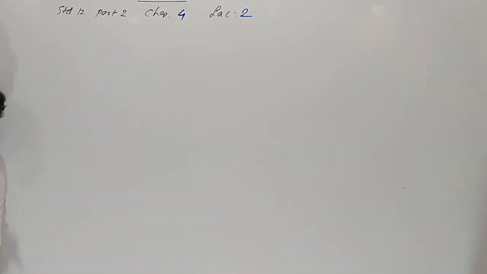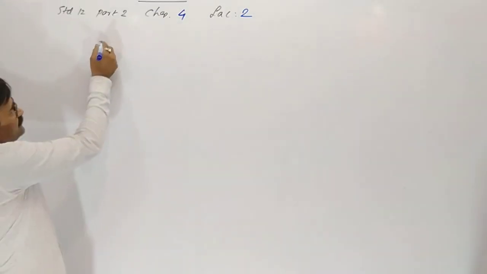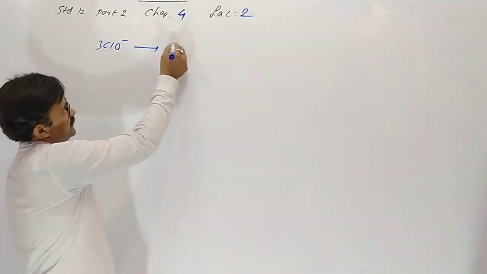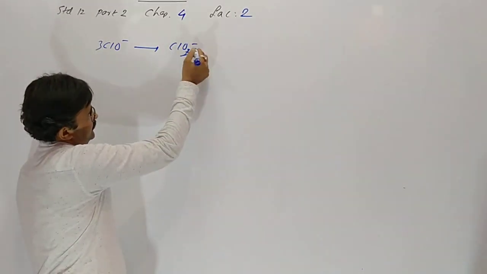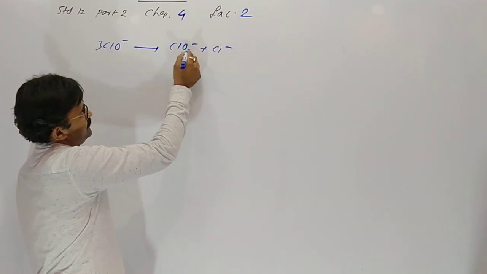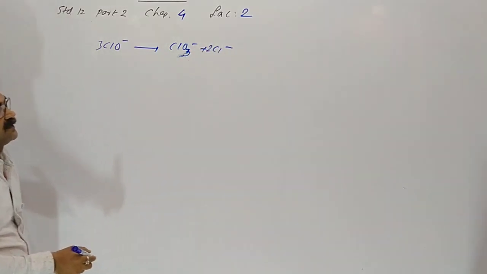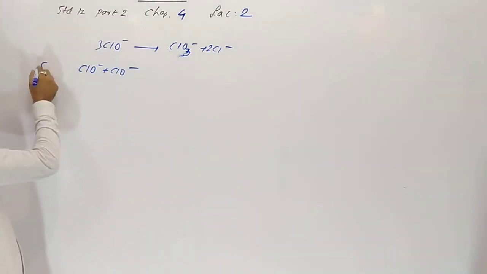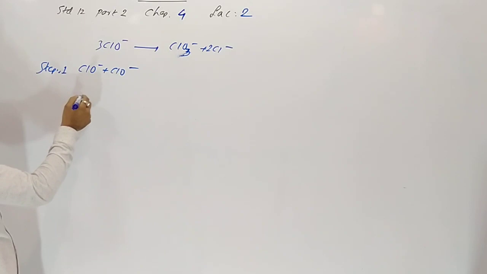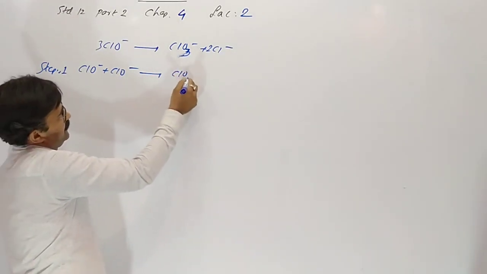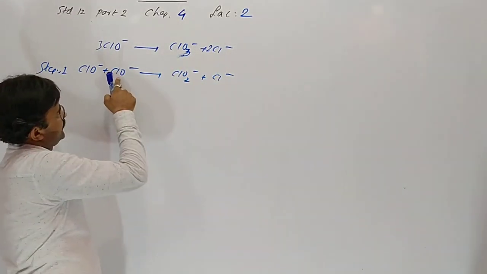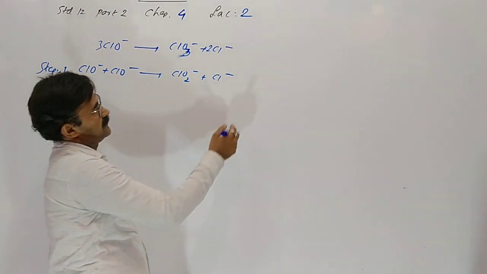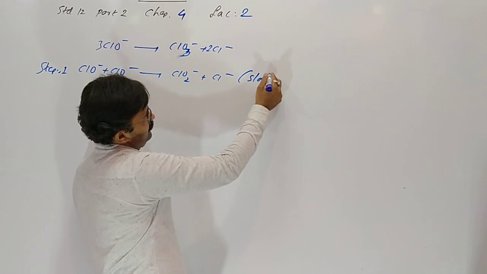Now, some complex reactions: 3 moles of ClO⁻ gives ClO3⁻ plus Cl⁻. Actually, this reaction occurs in two steps. Step 1: two ClO⁻ collide with each other and give ClO2⁻ and Cl⁻. This is very slow.